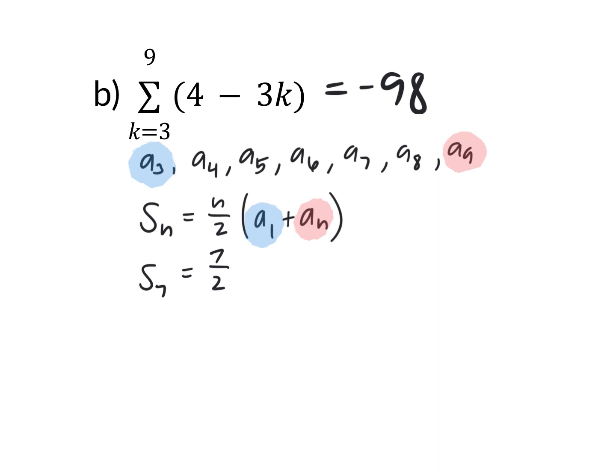And now I need to figure out what is actually a sub 3. Plug in 3. I get 4 minus 3 times 3, which would give me negative 5. So I've got negative 5 in parentheses here.